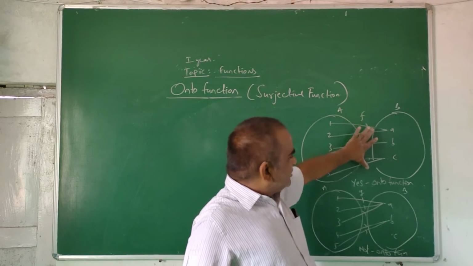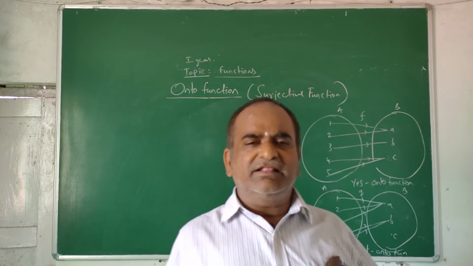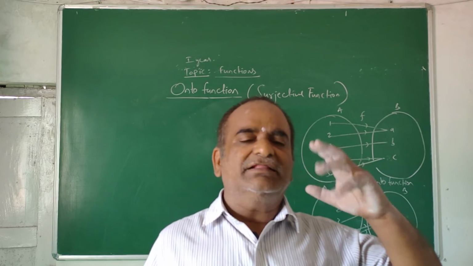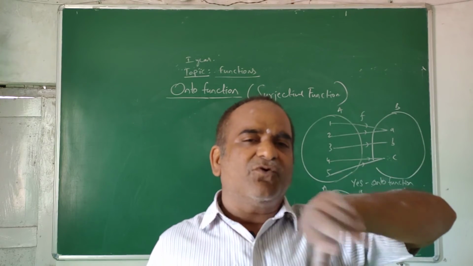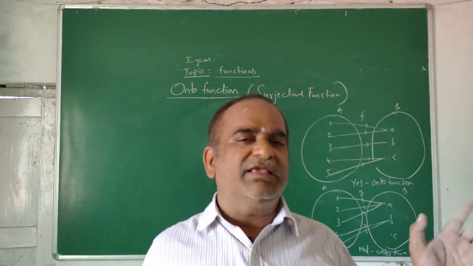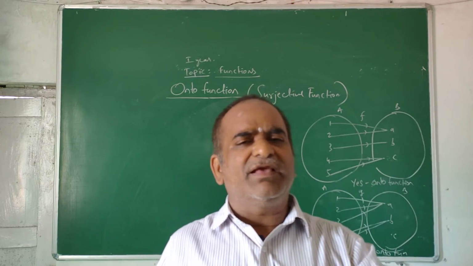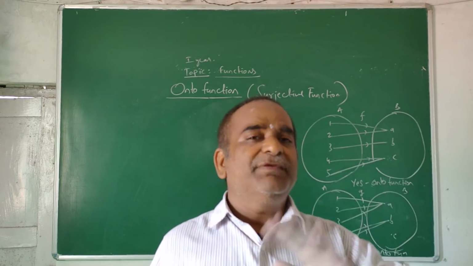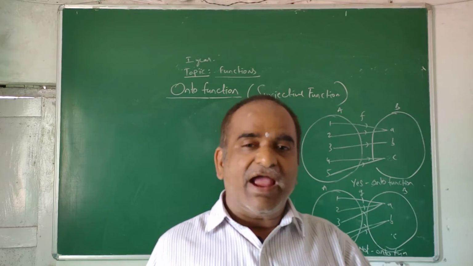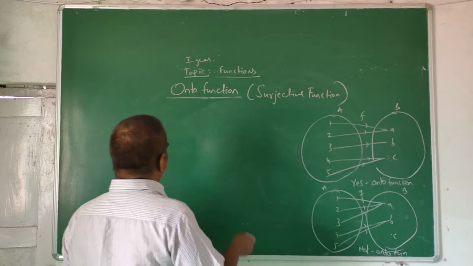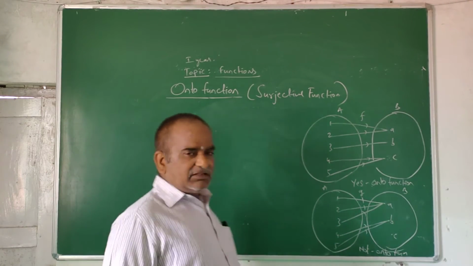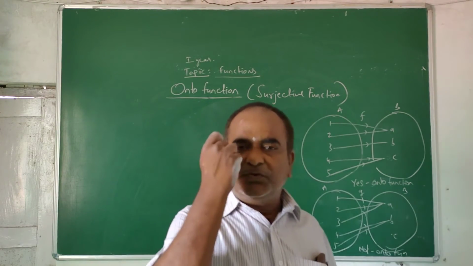Now in onto function, it is a very clear thing that we can observe that as every element of codomain will have at least one preimage, if you collect all images, it covers B, the codomain. So a very special quality of onto function is that the codomain is equal to range.